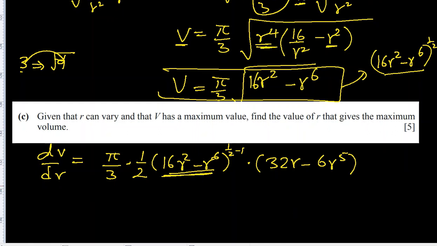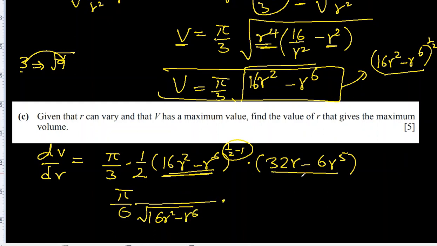This is the differentiation of the volume equation, which becomes pi over 6. And half minus 1 will be minus half, so it becomes a denominator: 16r squared minus r to the power 6, square root. And this one is 32r minus 6r to the power 5.